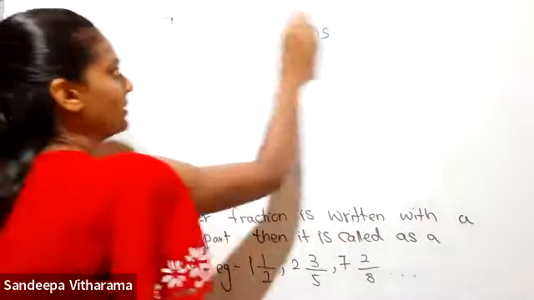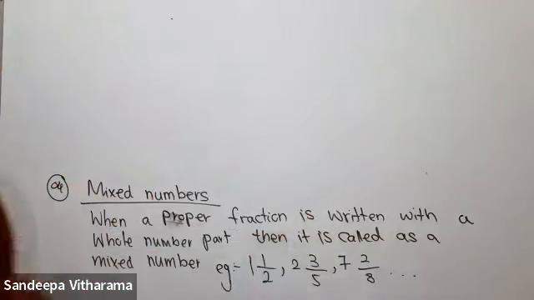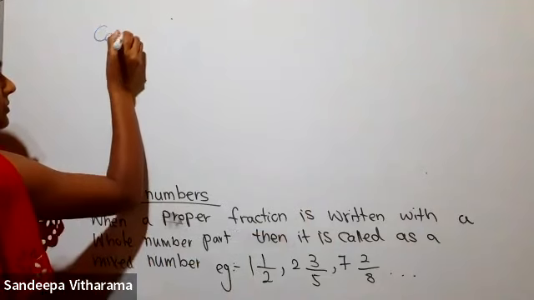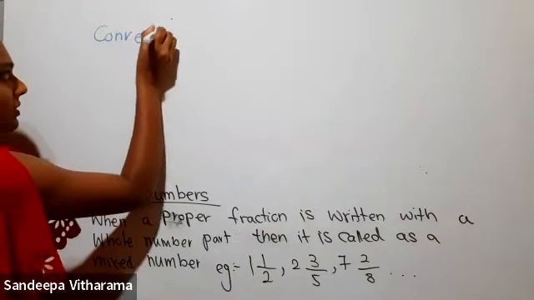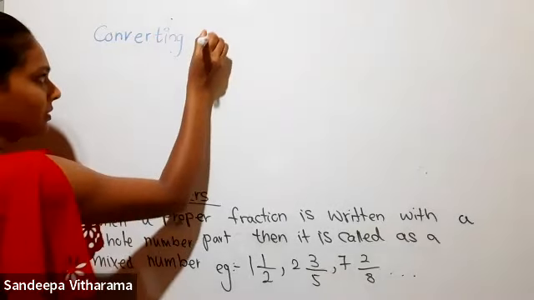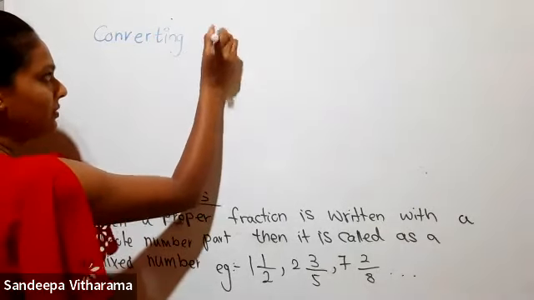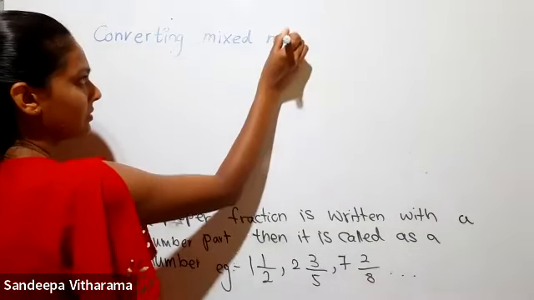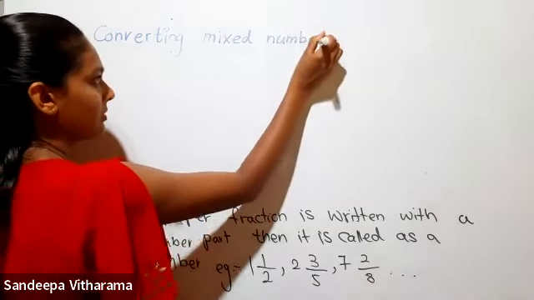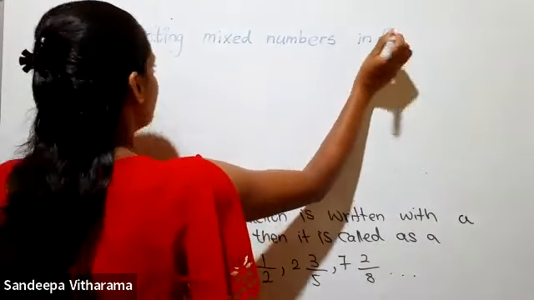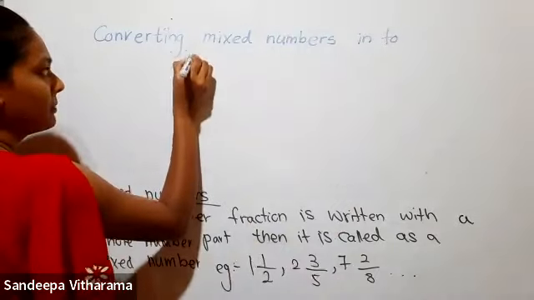Then write as a subtopic: converting mixed numbers into improper fractions.